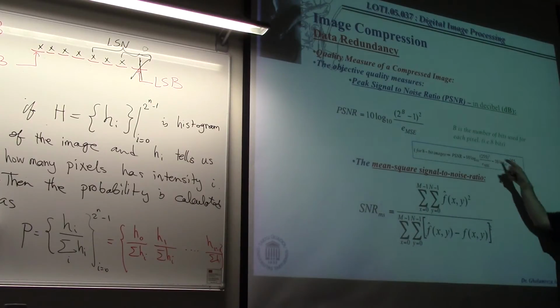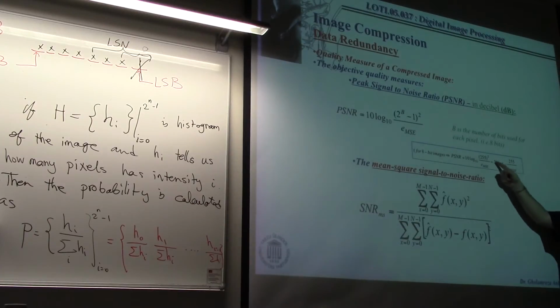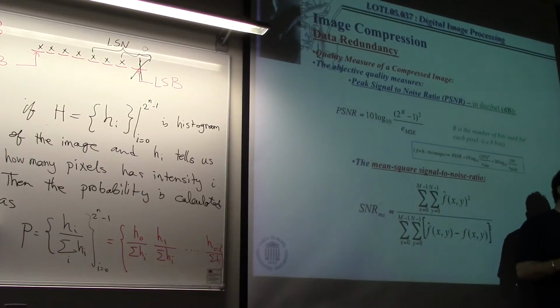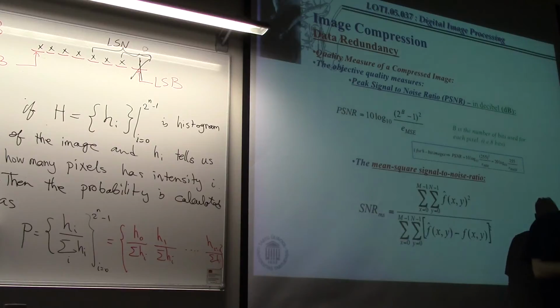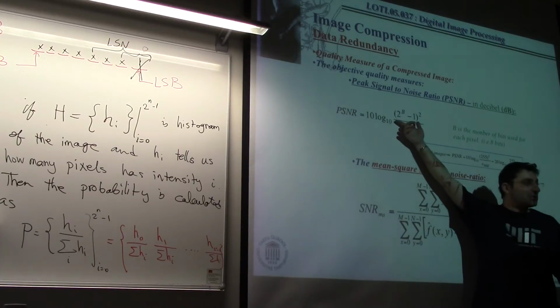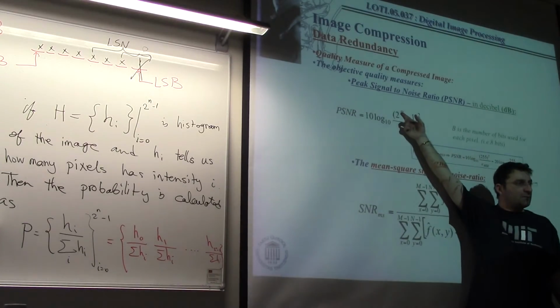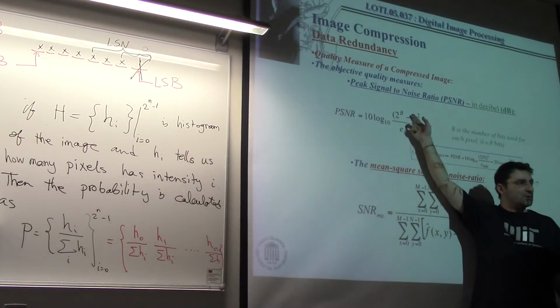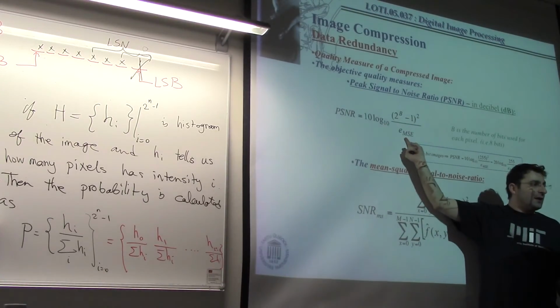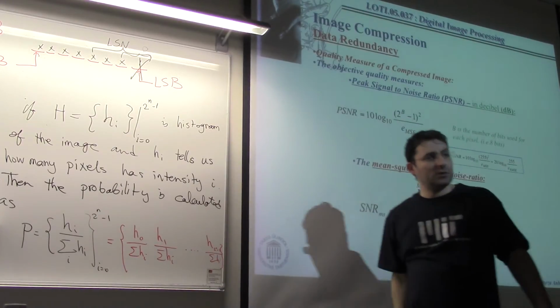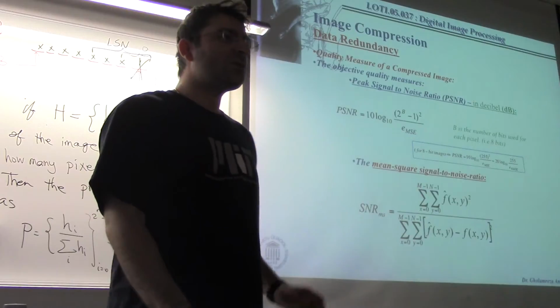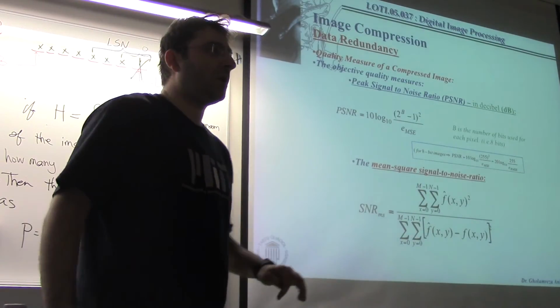Or with the square root, you have 255 divided by RMSE, and this is 20 log10. But if you don't have an 8-bit image, if you have a 14-bit image, or a 3-bit image, the formula changes. It's actually (2 to the power of the number of bits, minus 1) squared divided by MSE, the mean square error, and then you calculate 10 log10 of that. So this is the formula that we will use from now on.